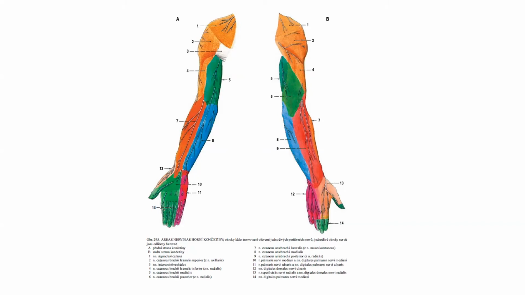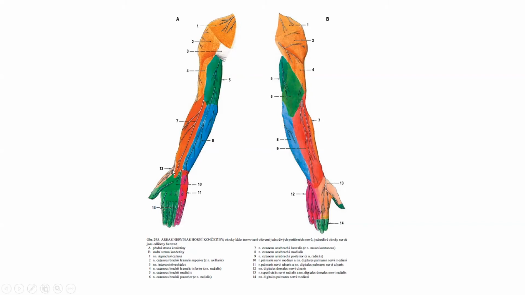It's called the area nervina of the upper limb here, and it's very important to know which branches innervate each area of the upper limb. This is very important for the neurological examination, to see if the nerve is intact or not, by examining the sensitive innervation of the skin in this area.